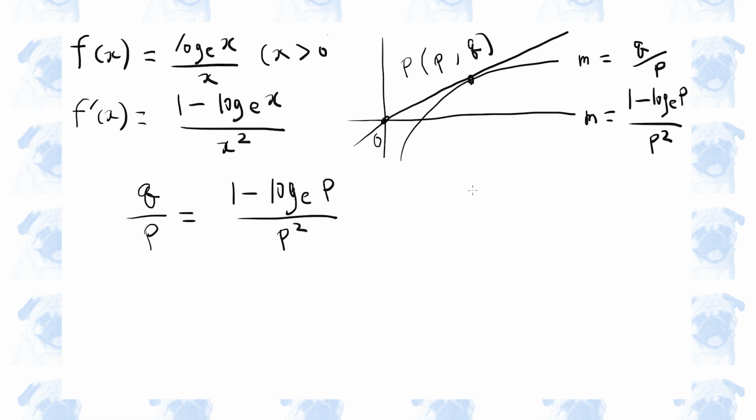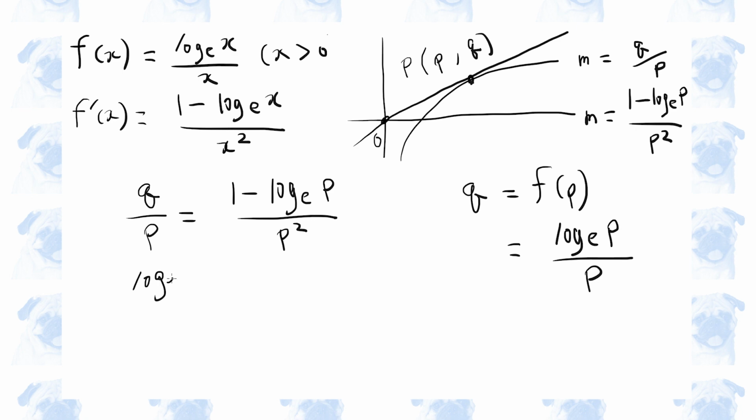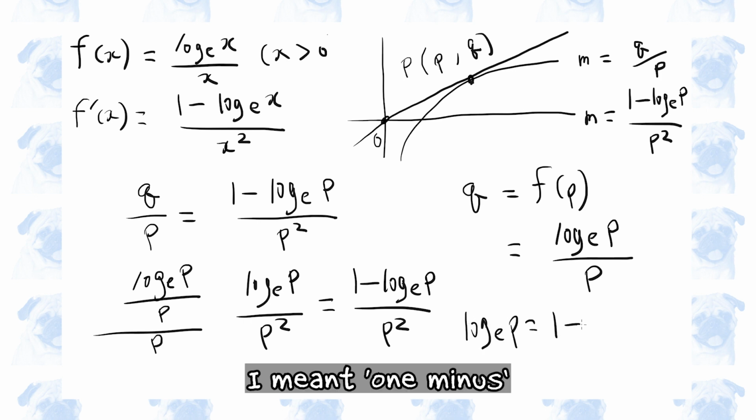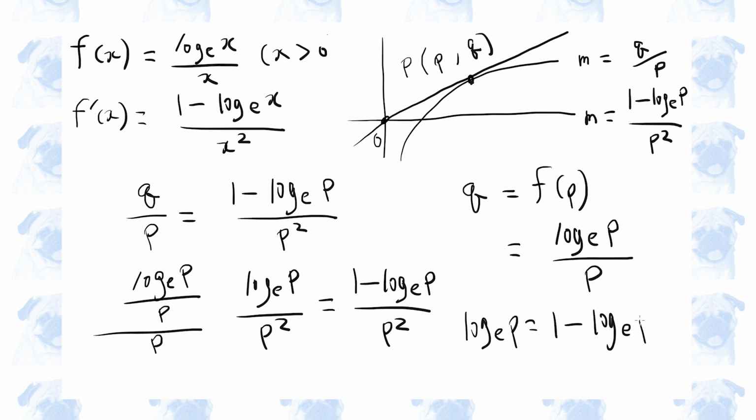So let's express Q in terms of P. Q is f of P, so log base e of P over P. So the left-hand side becomes log base e of P over P squared.